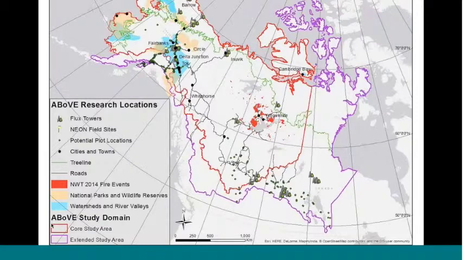I think that's critical. We've got Park Service, Fish and Wildlife Service, Forest Service, both in Alaska and Canada, and a whole range of other partners. We're having our second science team meeting in the third week of January in Anchorage, and would love to have someone from BLM present there, and we'll have these other agencies represented there as well.